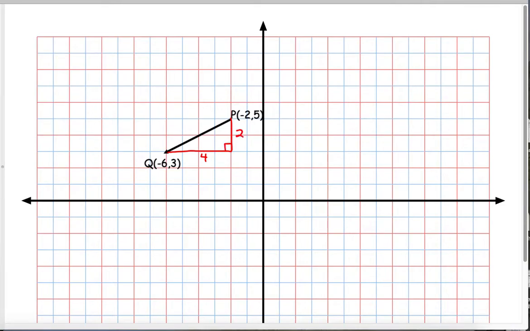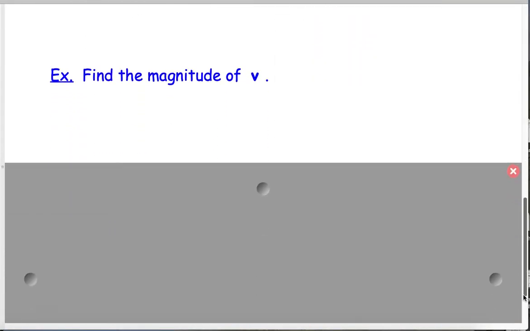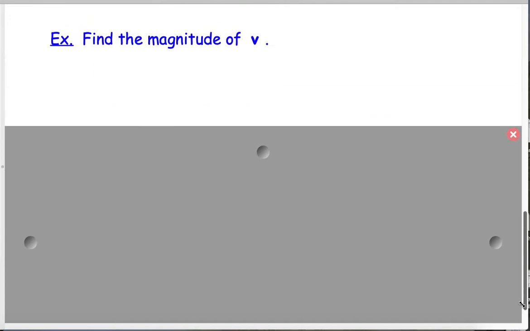So we could use Pythagorean theorem, and we're going to get for this the square root of 20, which we can simplify as 2 root 5. And you should always simplify your square roots. So the magnitude is going to be the square root of 20, which equals 2 root 5.